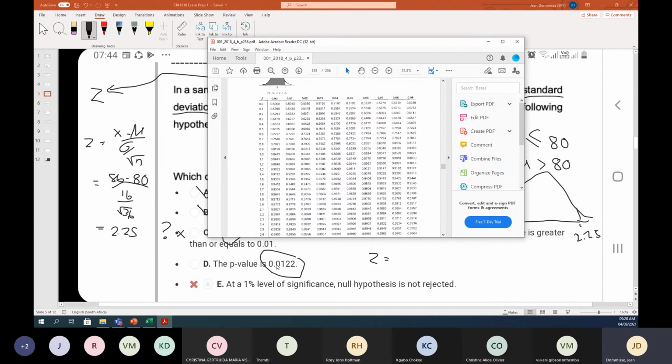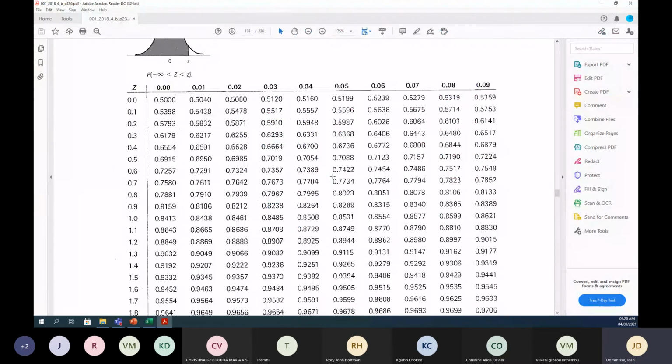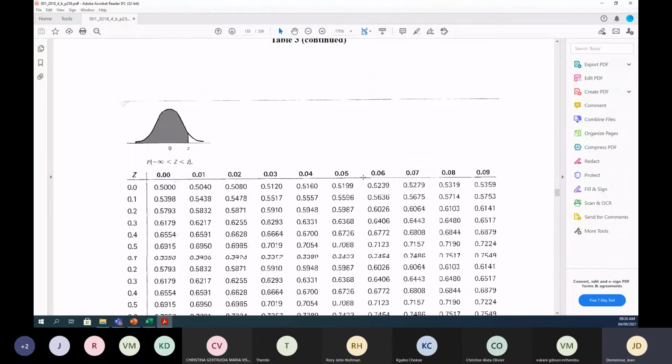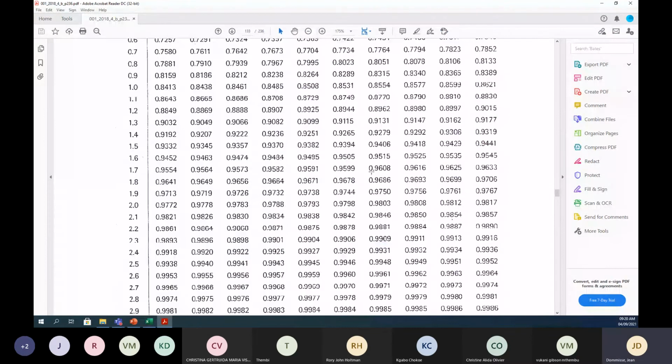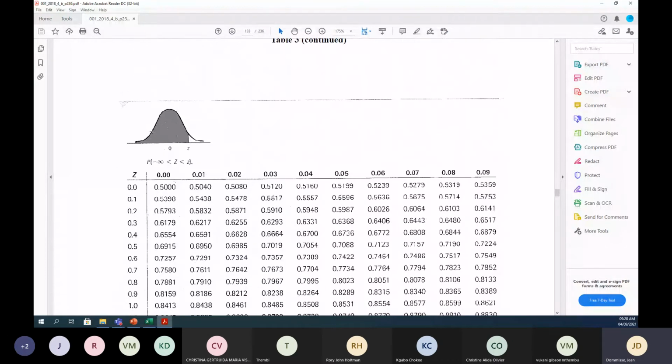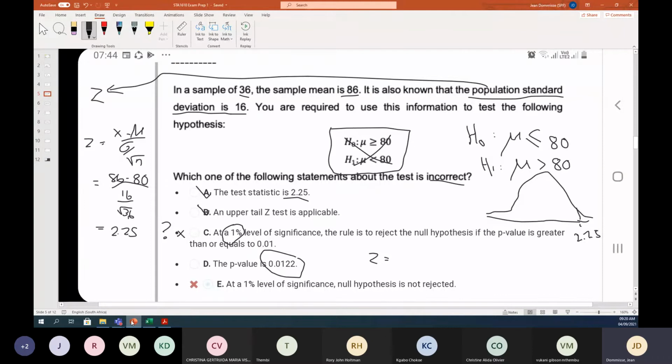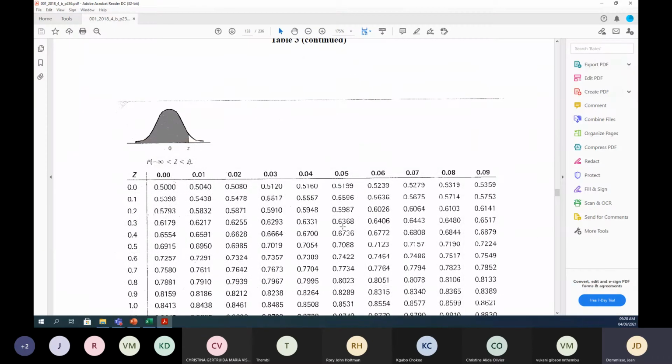Okay, so remember 0.0122. I'm not going to look for it in the positive numbers. If I want to, I need to say 1 minus 0.0122.